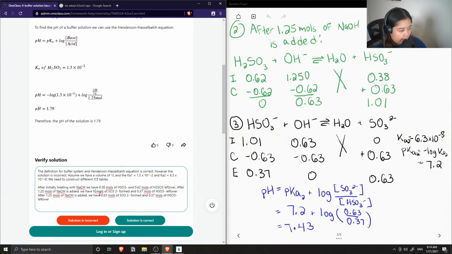Okay, so we have 1.01 moles of HSO3 minus formed, and 0.63 moles of OH minus left over.